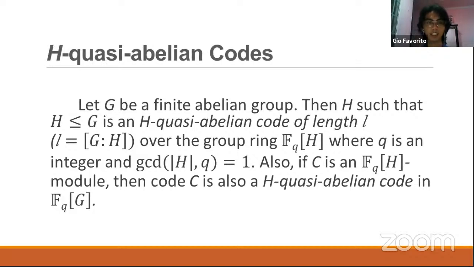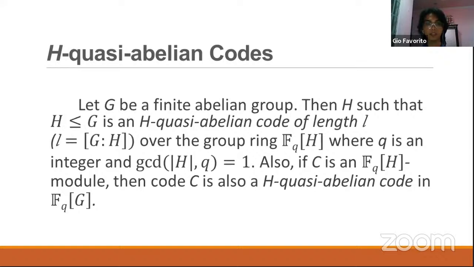Then H, such that H is a subgroup of G, gives an H quasi-abelian code of length L, where L is the index of H in G, since H is a subgroup of G, over the group ring of the field of order Q on group H, where Q is an integer and the GCD of the order of H and Q is 1. This definition is important for our code to work.